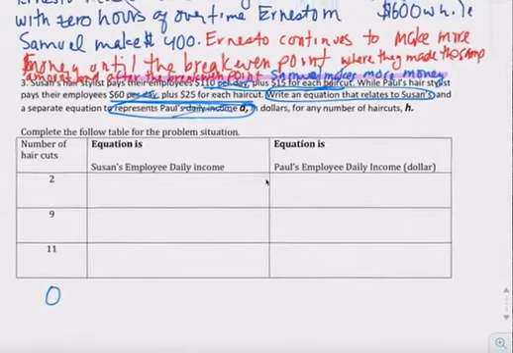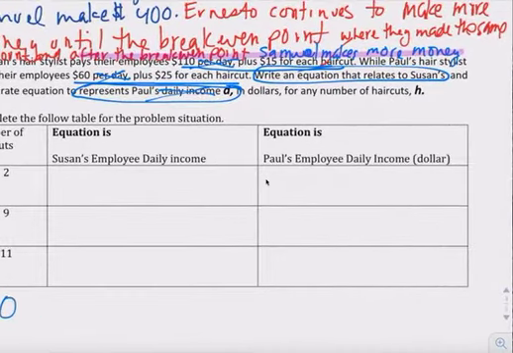Okay, so you write 110 plus $15 for each haircut, H, equals daily income, D. This one is 60 plus 25 for each haircut.